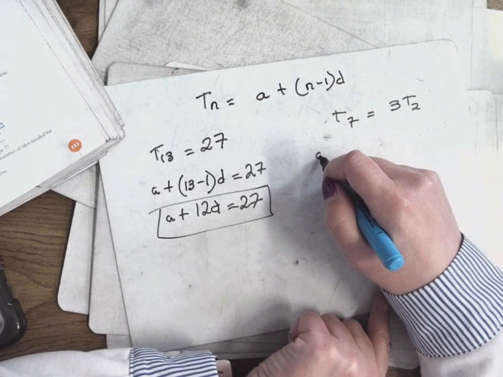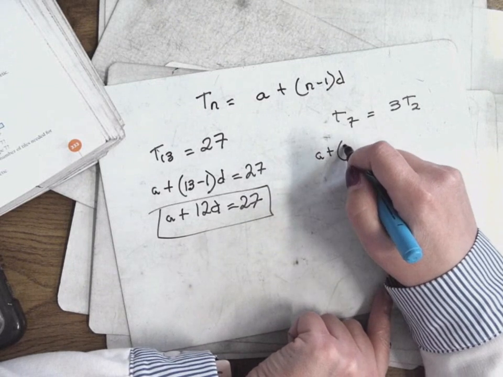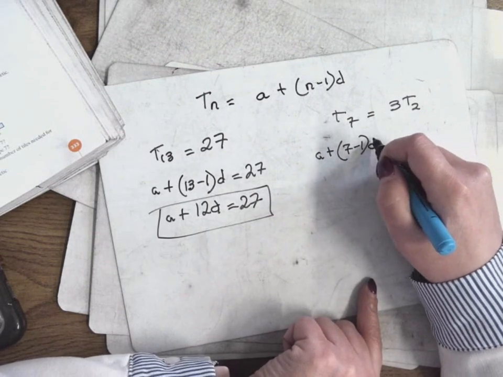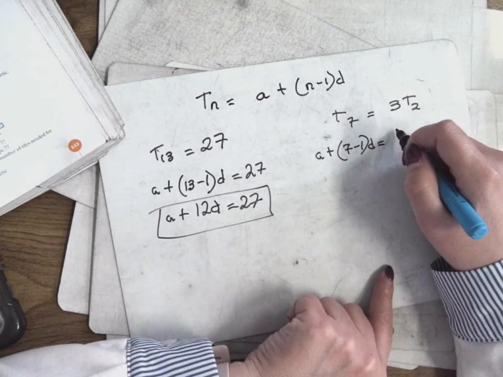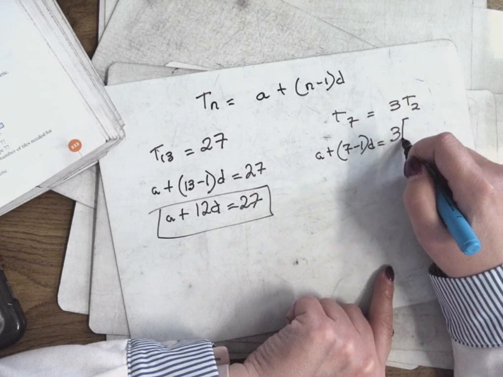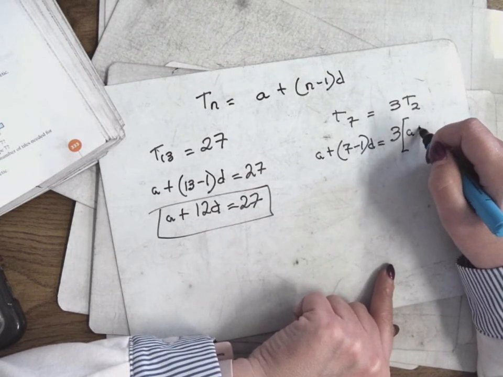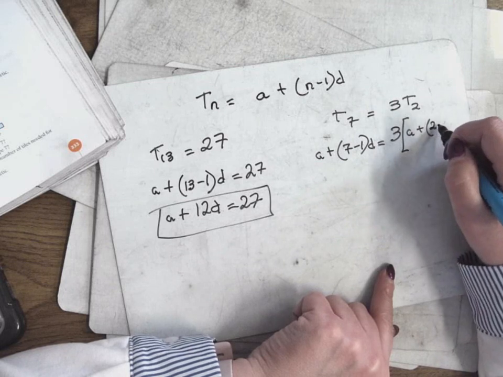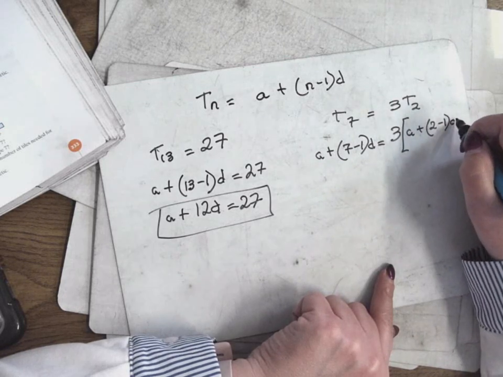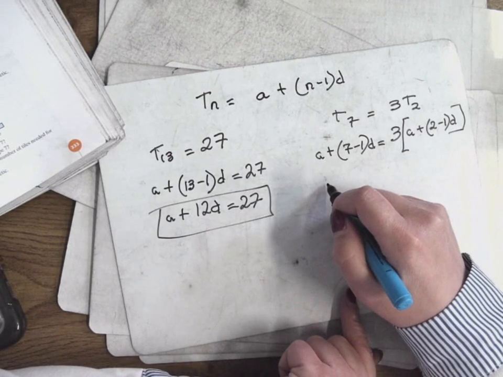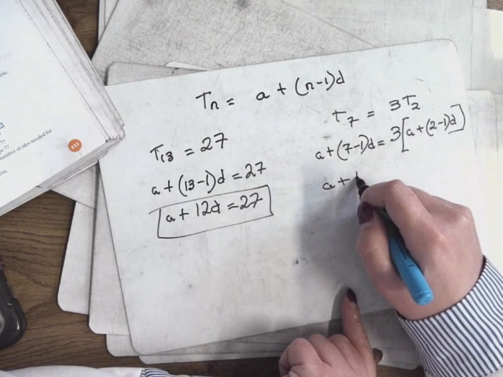So that's A plus 7 minus 1 times D equals 3 times term number 2. So I get term number 2: it's 3 times A plus 2 minus 1 times D. Sorting this out, you get A plus 6D.